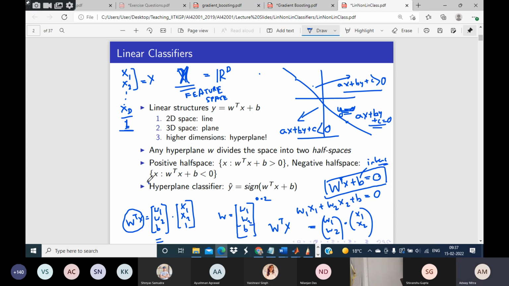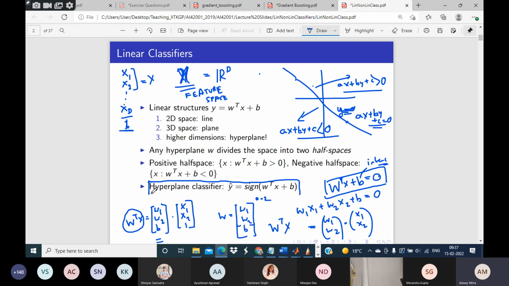Using this concept, I can define what is known as a hyperplane classifier. We are considering a binary classification task in which one class label I will define as +1, and the other class label as -1.